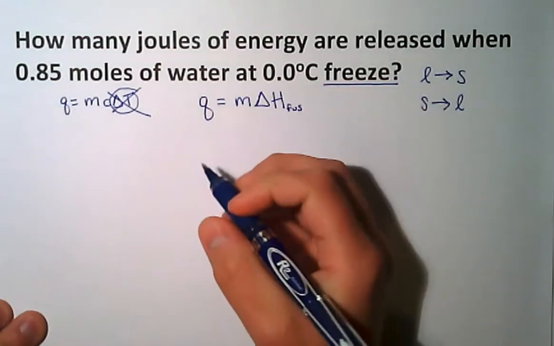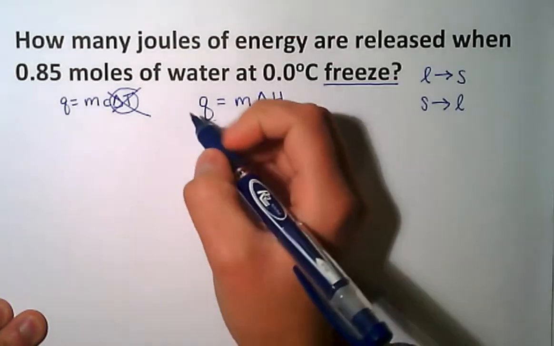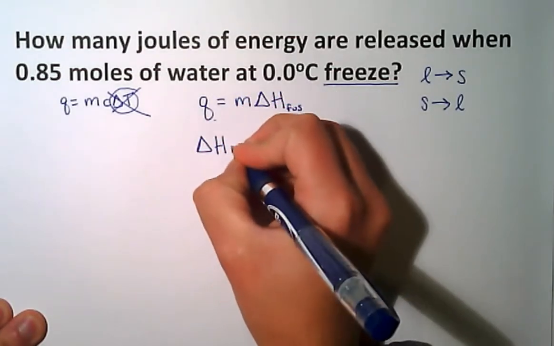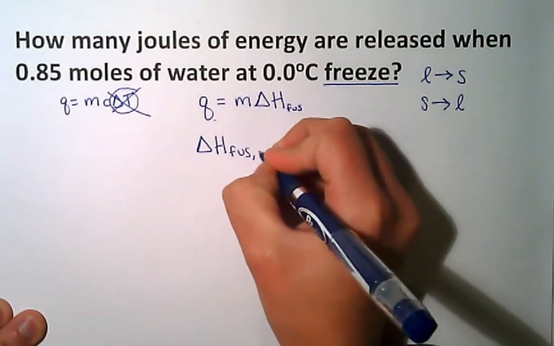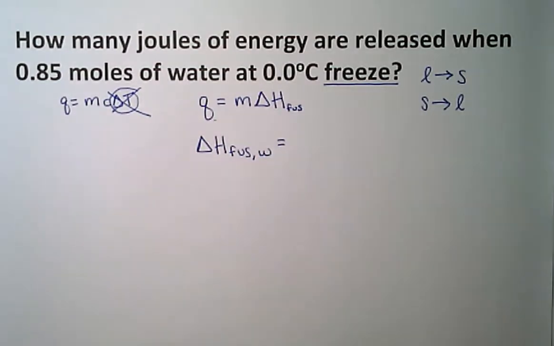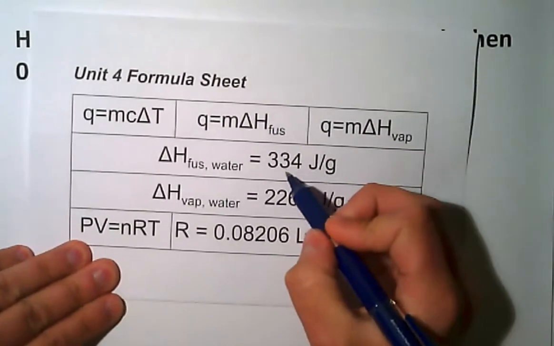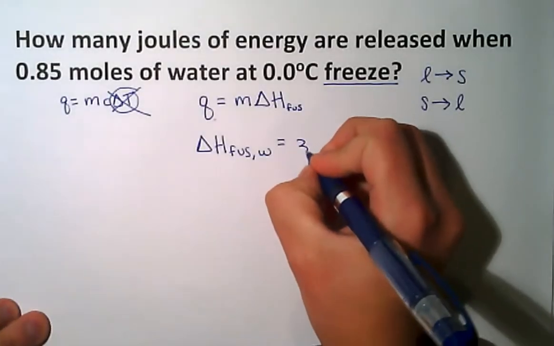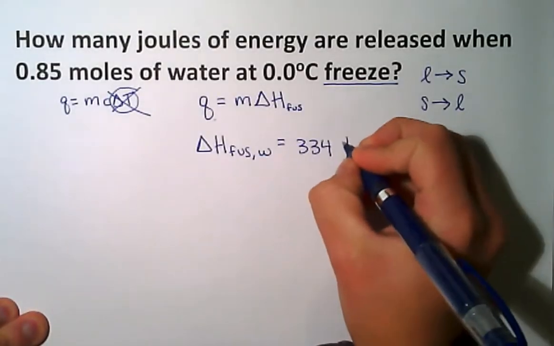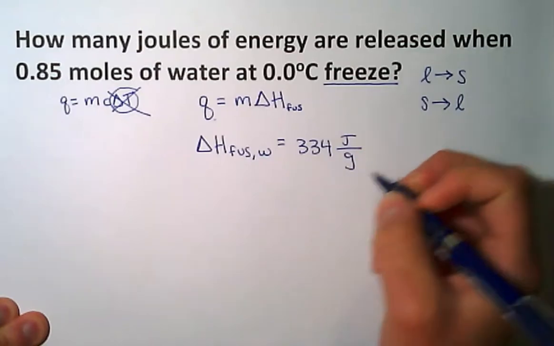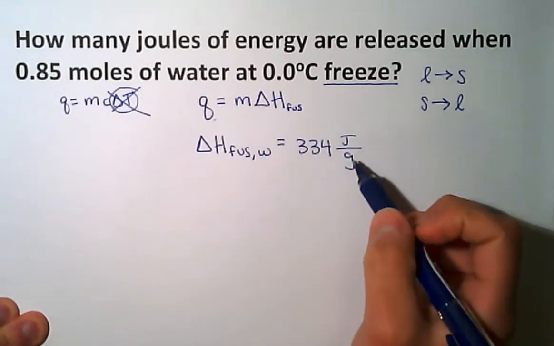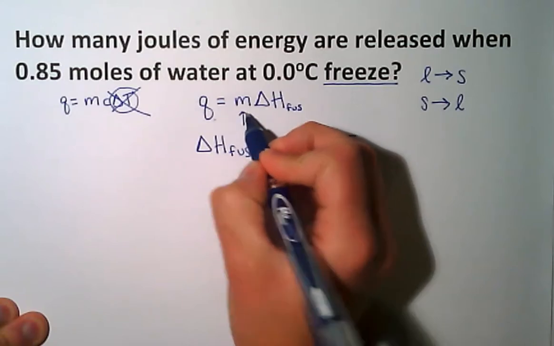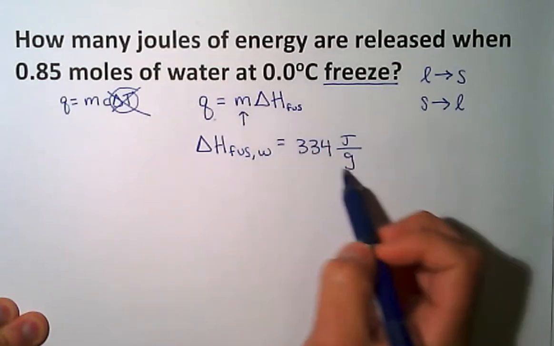Delta H of fusion for water is on our formula sheet. So it's 334 joules per gram. So we need our value of M to be in grams.